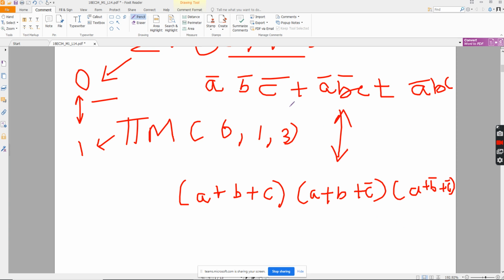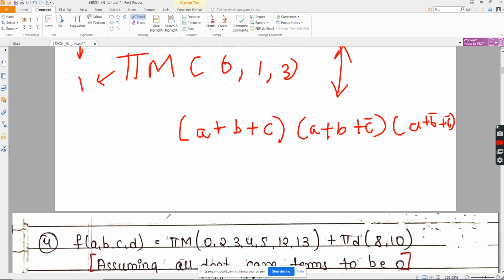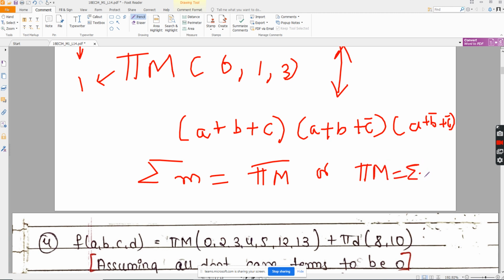Correct? So I will write the equation in this form: summation small m is equal to pi capital M bar, or I can even write it as pi capital M is equal to summation small m bar.